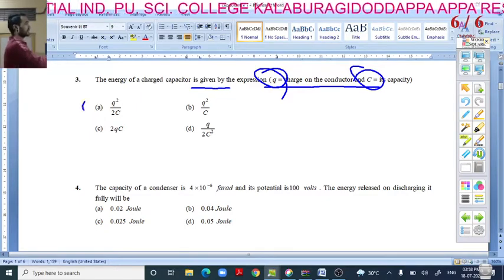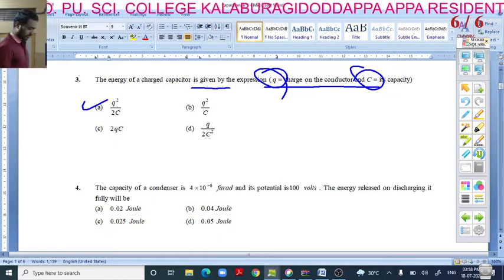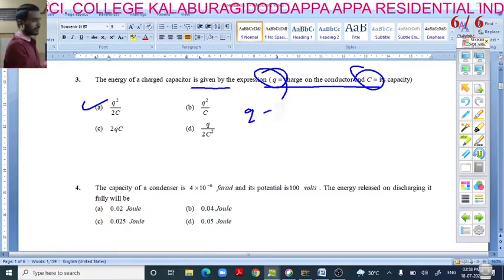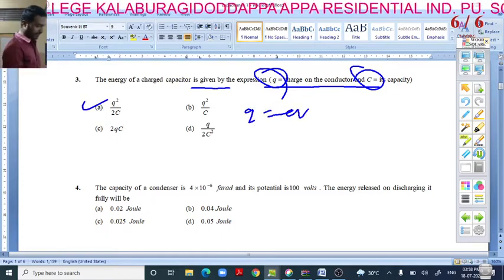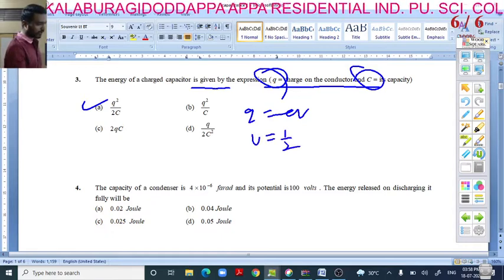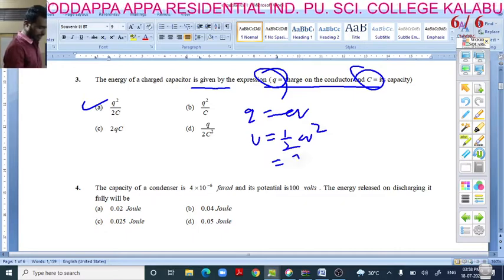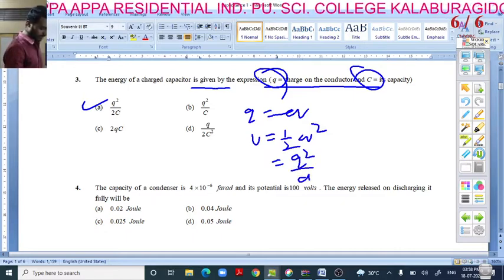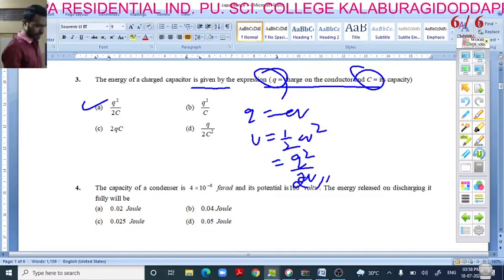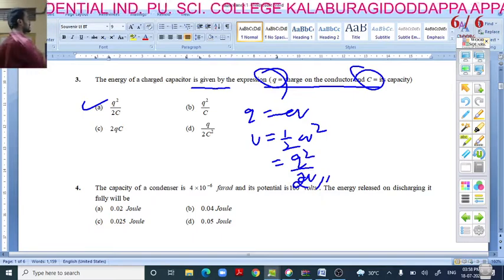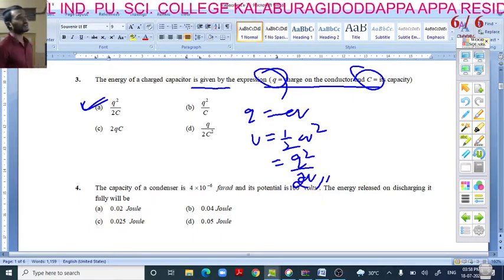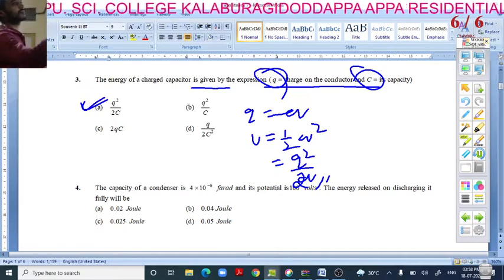That is the first option. So we know that Q is equal to CV and energy is equal to half CV square, right? So this I can also write as Q square by 2C. So our option is the first option. It is a direct question.